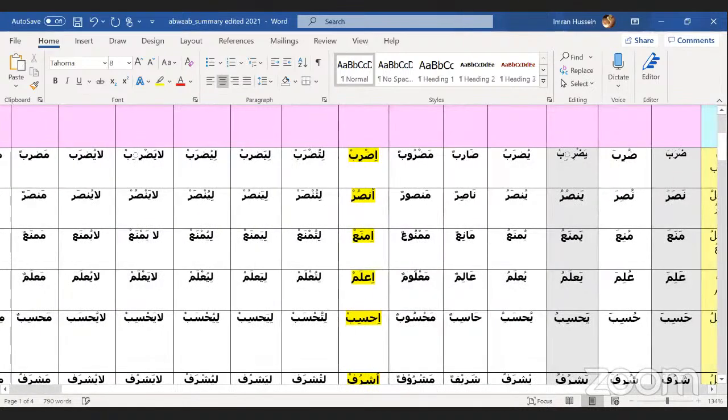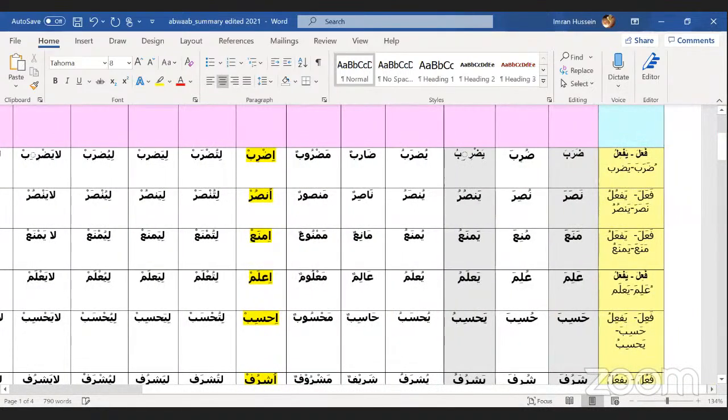So I want you to conjugate all the 14 forms just by looking at daraba. Is that possible, or is that a bit too challenging? Let me try. Go ahead. I'm more than happy to change it.